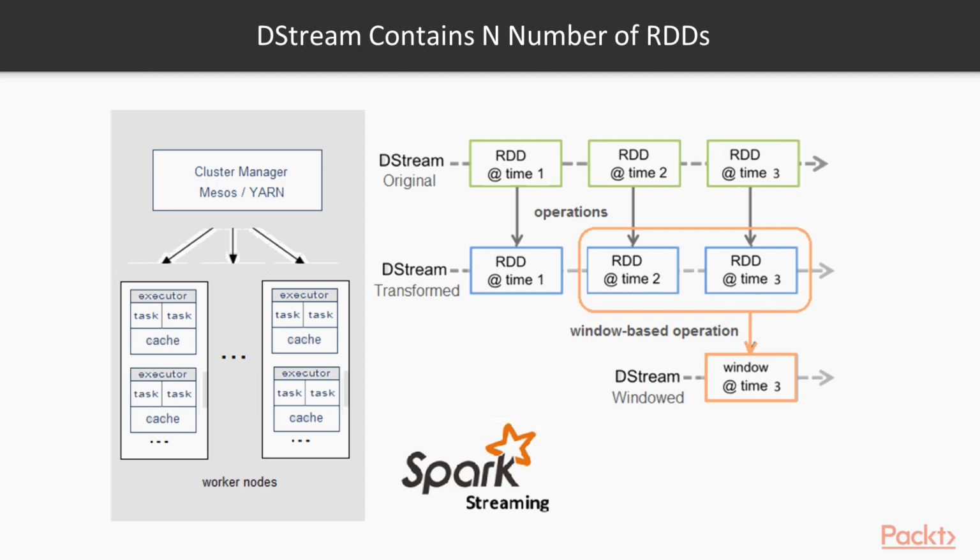And within a window-based operation, we will get multiple or 1 or 0 RDDs. And then we can perform some operations like, for example, mapping, filtering on everything that RDD is containing. But we need to remember that a DStream can contain multiple RDDs.